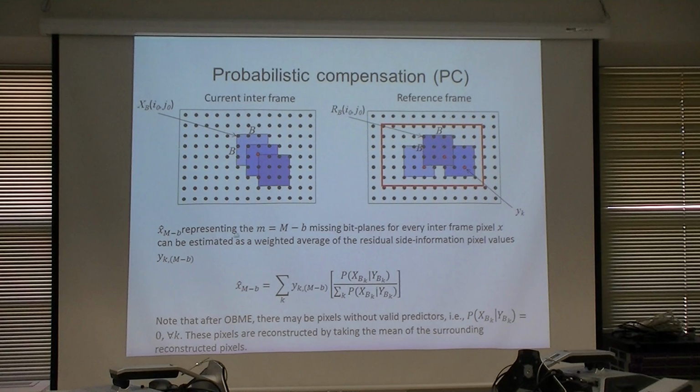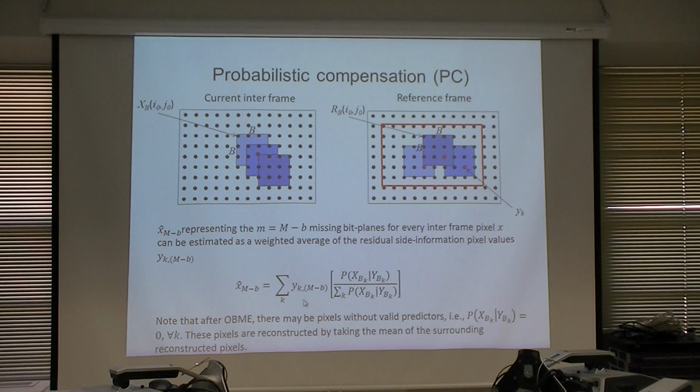We want to recover the missing bit plane for every interframe pixel X. Here we use X hat capital M minus B to denote this. We also calculated the correlation probability of the side information block B on the last slides. So the estimated missing bit plane for the interframe pixel X can be calculated as a weighted average of the residual side information pixel values.